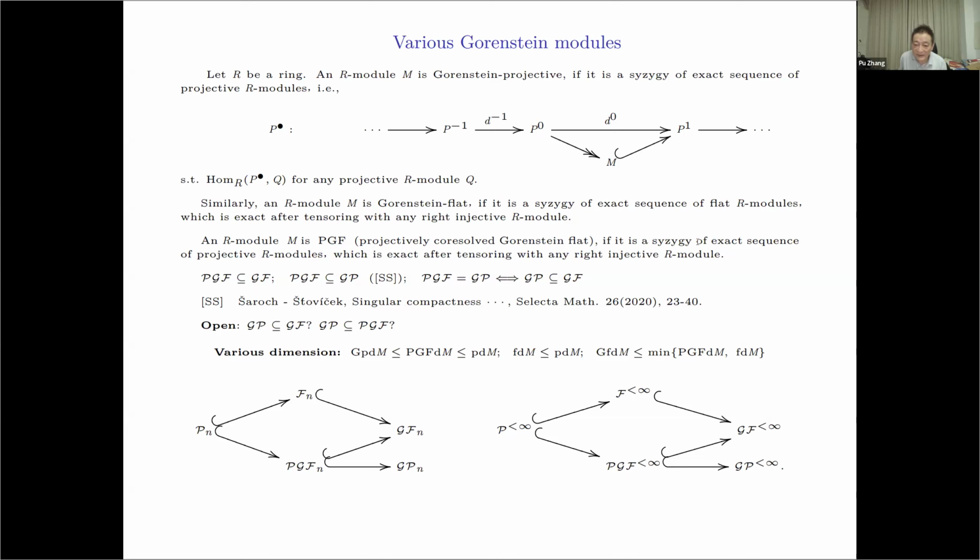That is a kernel of an exact sequence of projective modules which remains exact after tensoring with any right injective R-module. Then we know a PGF module is Gorenstein flat and also Gorenstein projective. And every Gorenstein projective is PGF if and only if every Gorenstein projective is Gorenstein flat.